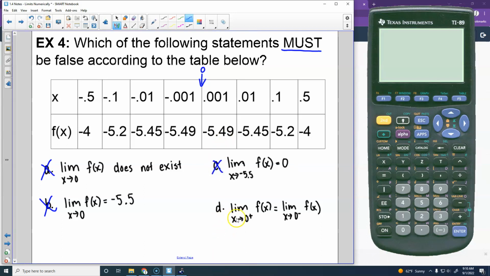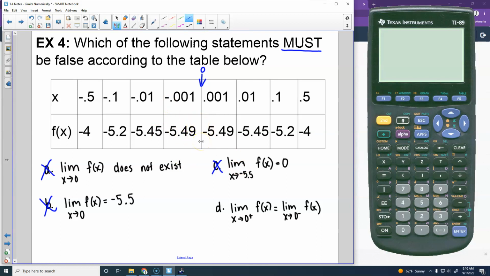What about the limit as x approaches 0 from the right equals the limit as x approaches 0 from the left? So from the right side, we've got negative 5.49 is the closest we get. And over here we've got negative 5.49. That also appears true, right? This looks like we're going to negative 5.5.